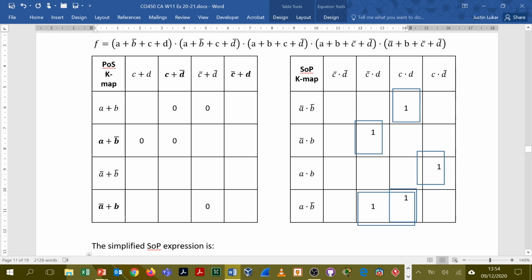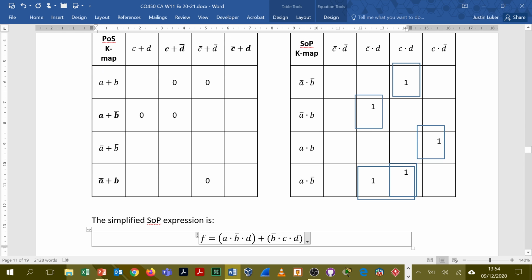And the other two expressions just have to remain the same, unfortunately. There's no simplification we can do for those ones.